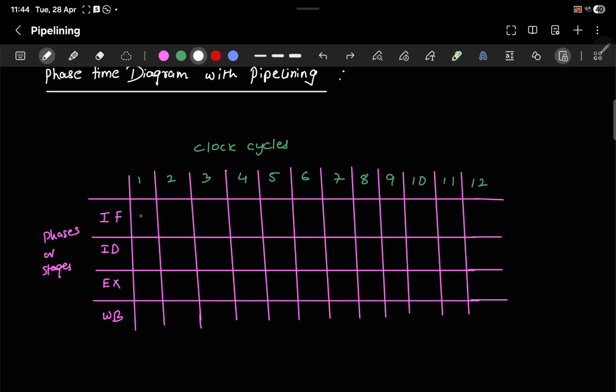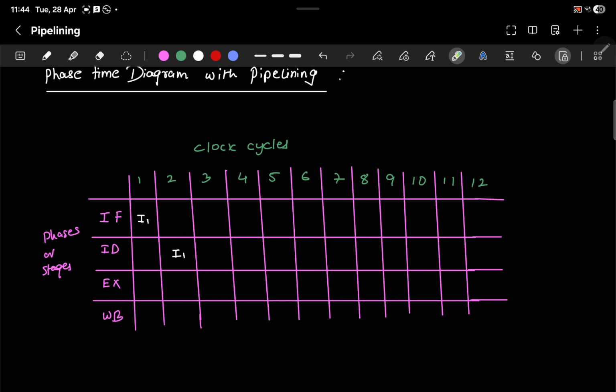Now let's say at the first clock, instruction 1 is at the fetch phase, fetching an instruction. And at the second clock, instruction 1 will be at the decode phase. Now you can clearly observe that the instruction fetch phase at clock 2 is idle.